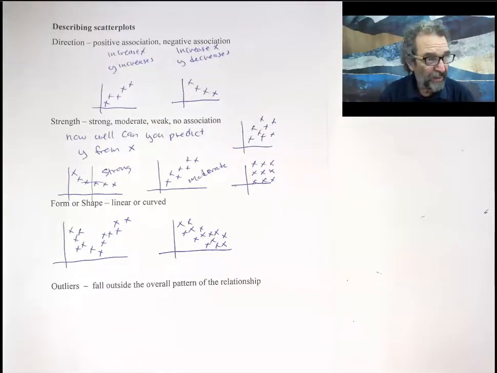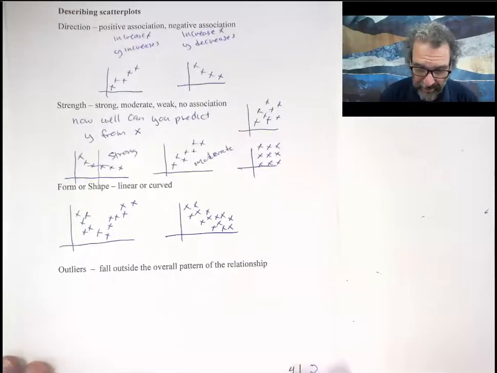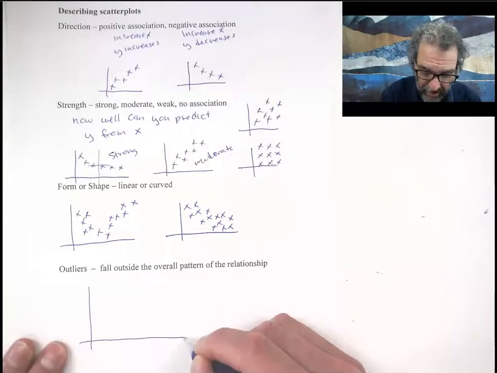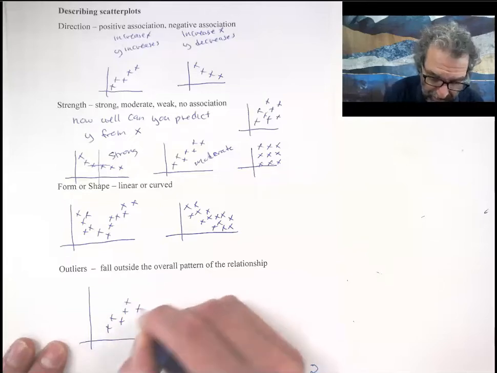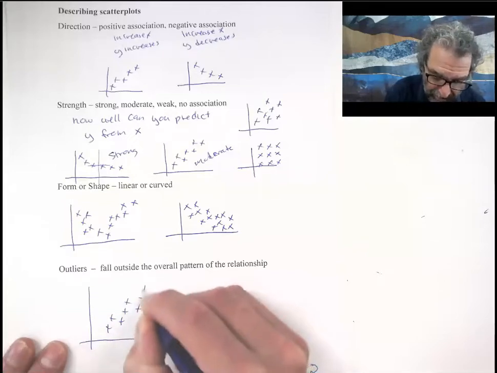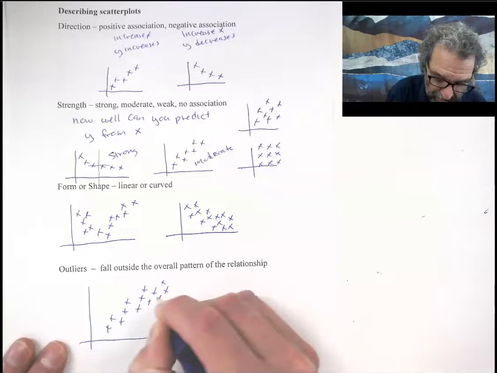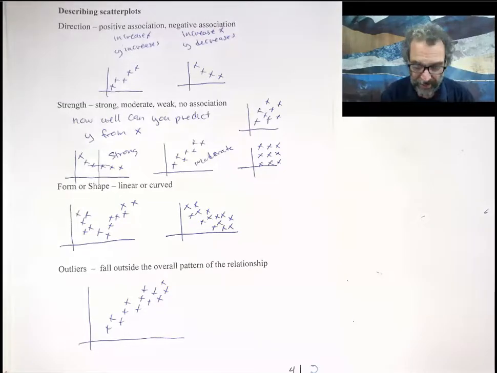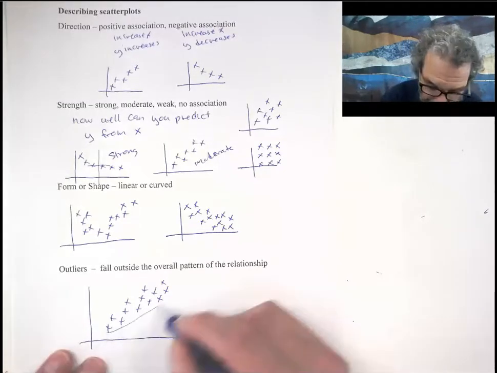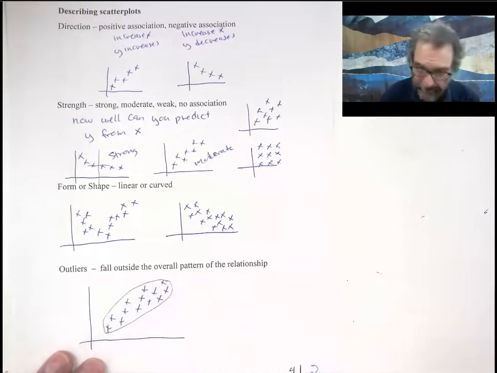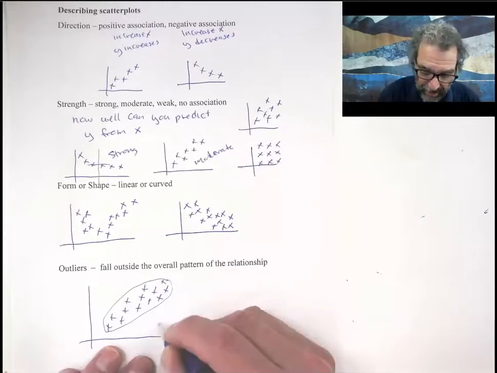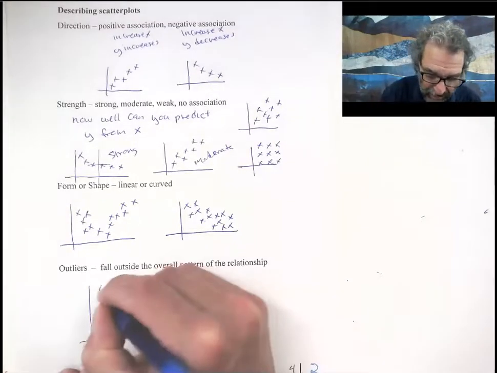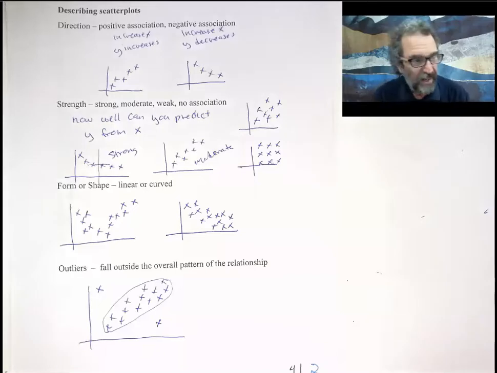And then we're talking about outliers. Outliers fall outside the overall pattern of the relationship. Ordinarily you'll see a cluster of values forming some kind of pattern, a cloud of values falling in a certain region. You can usually identify the cloud like this. That's where you would expect to see values, except maybe there's someone here or here that seems to be disobeying that rule.